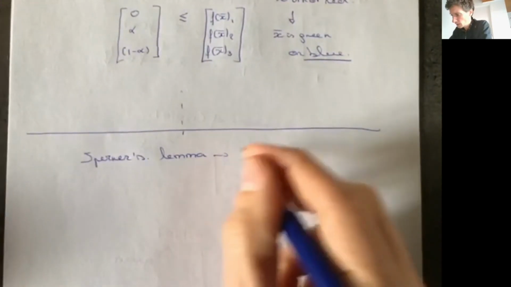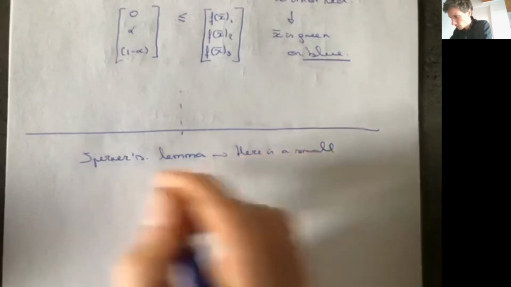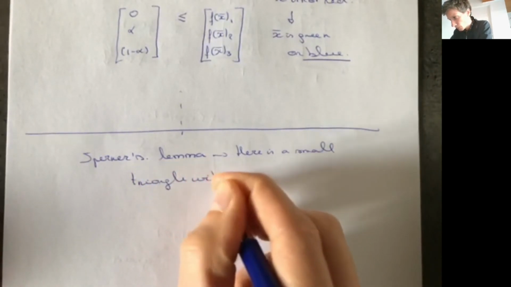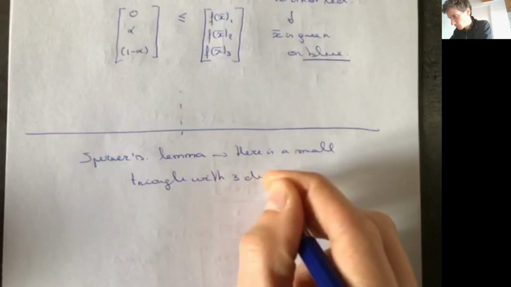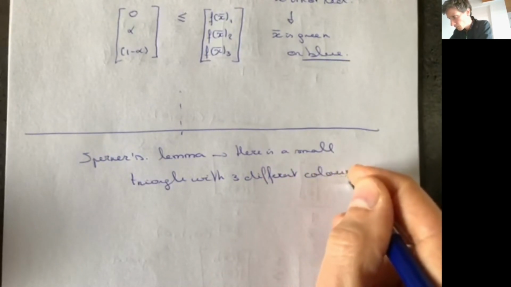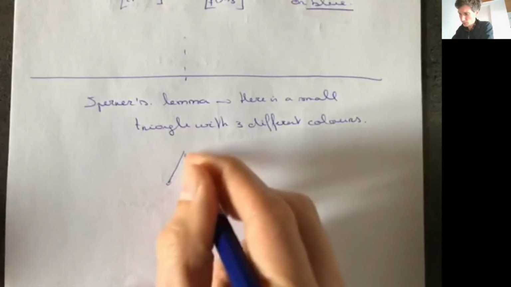So there is a small triangle with 3 different colors. For example, this one here.